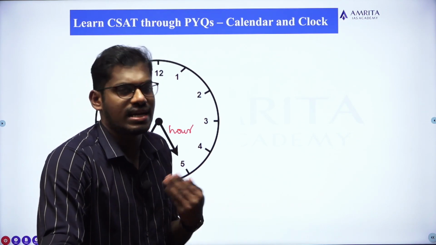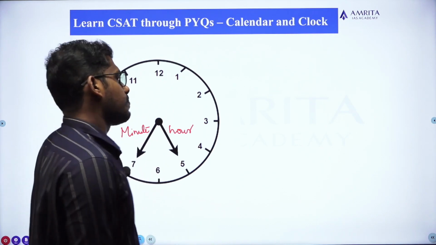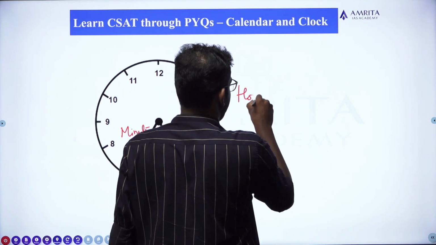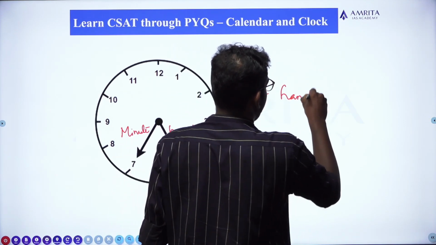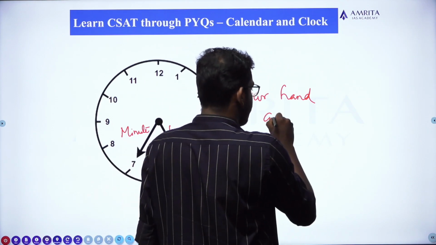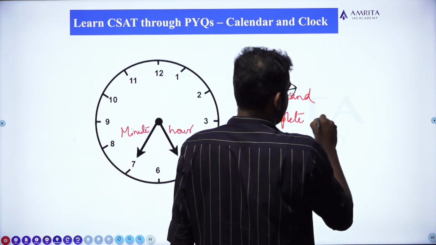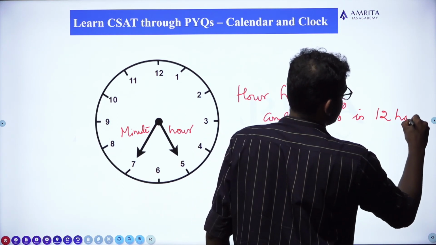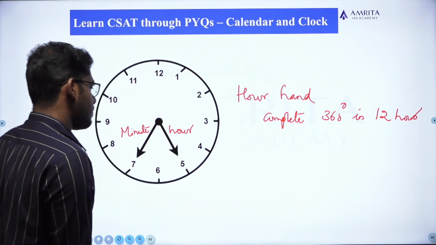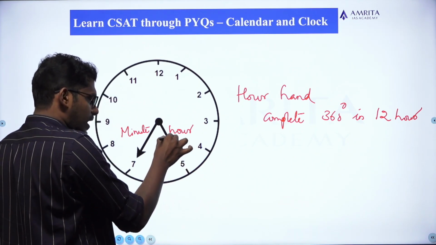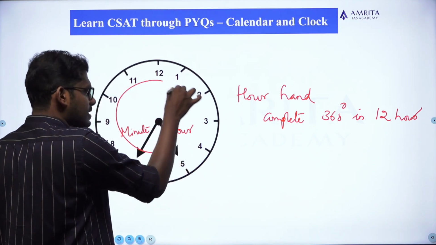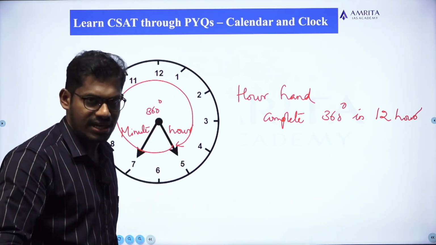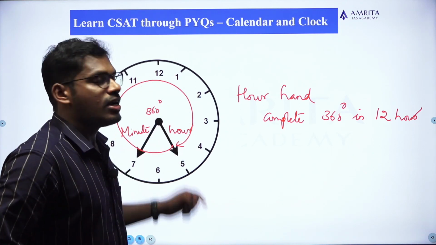Another concept is regarding the angle made by the hour and minute hand. The hour hand completes 360 degree in 12 hours. This is a basic idea. For example, this hour hand makes a complete revolution, that is, makes an angle of 360 degree in 12 hours.